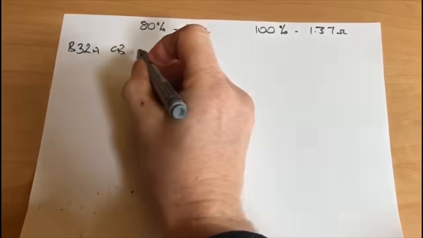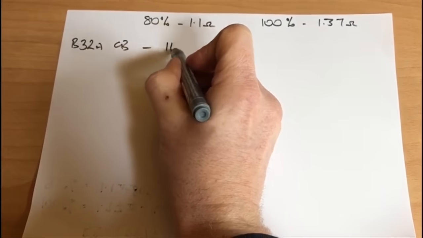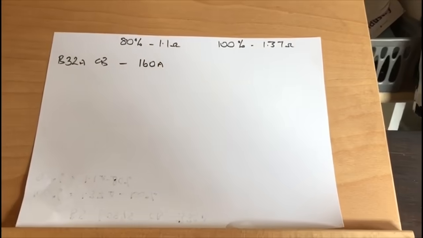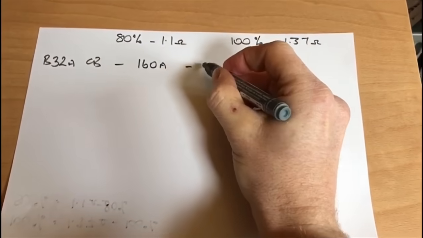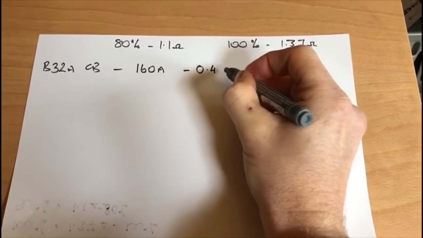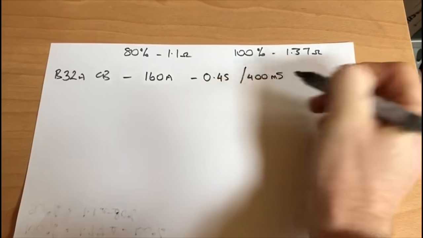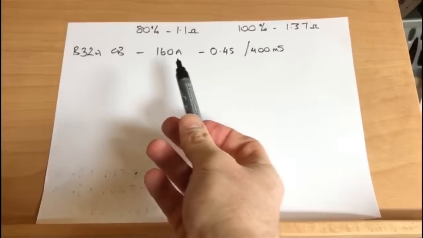We know that a 32 amp circuit breaker, a B-type, needs 160 amps of fault current to instantaneously disconnect it, and it needs to do that in a really quick time, as low as 0.4 seconds or 400 milliseconds. So it's really important that we adhere to this one.